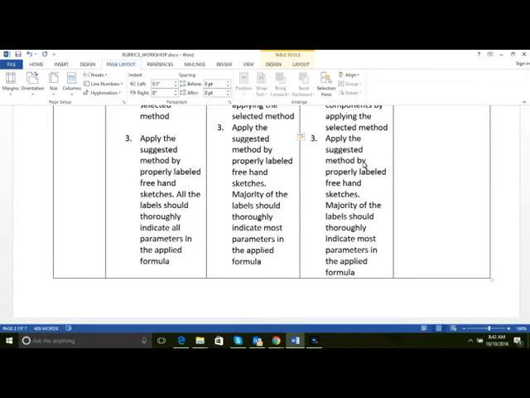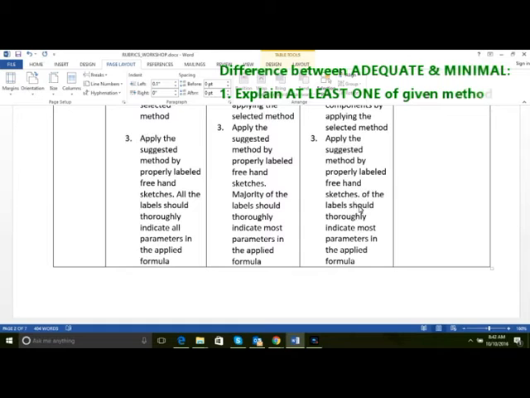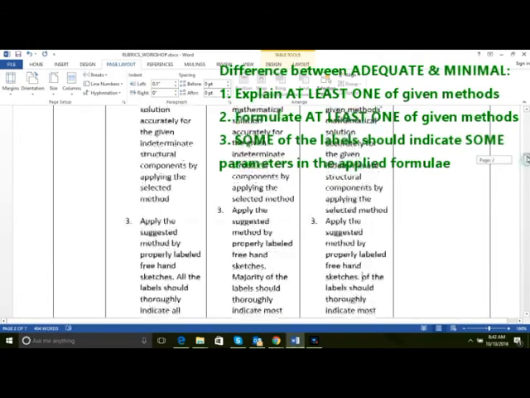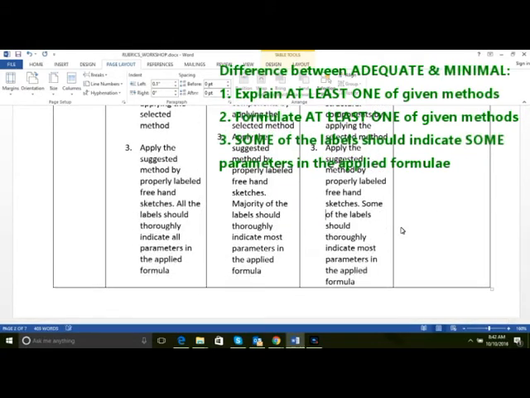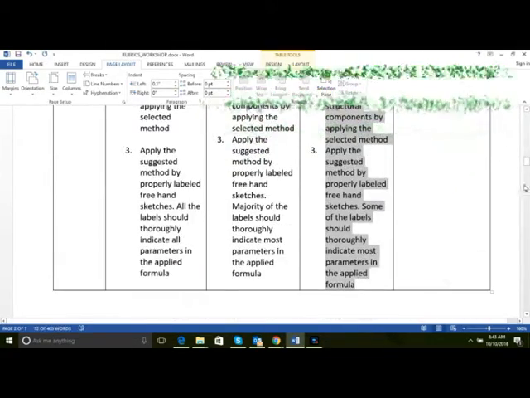Now some of the labels should indicate the parameters in the applied formulae. Now this is the difference between the minimal and adequate levels. Formulate just one method, explain just one method, and just some of the parameters are explained by some of the labels.